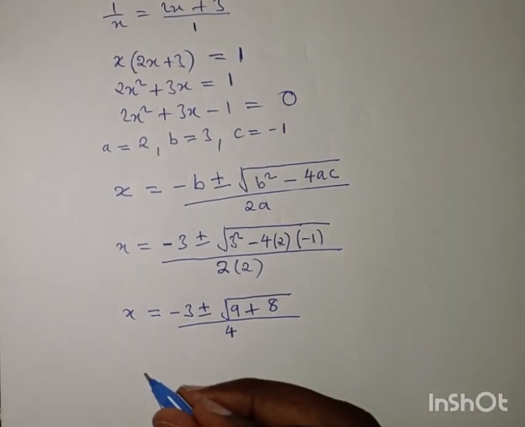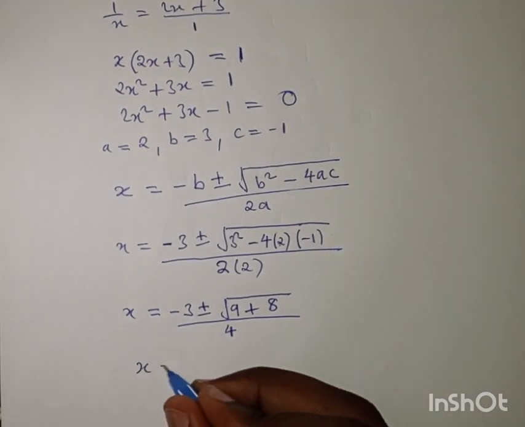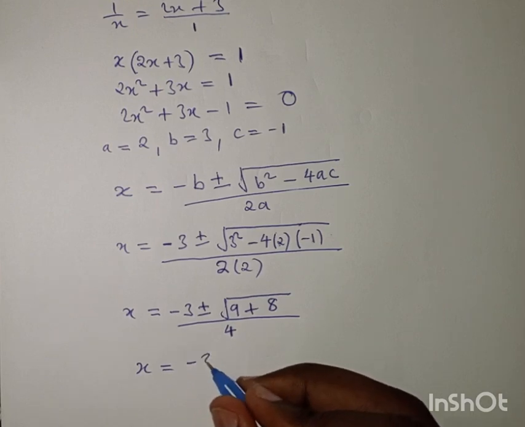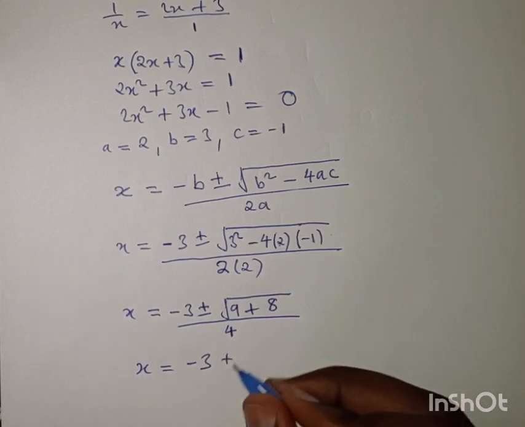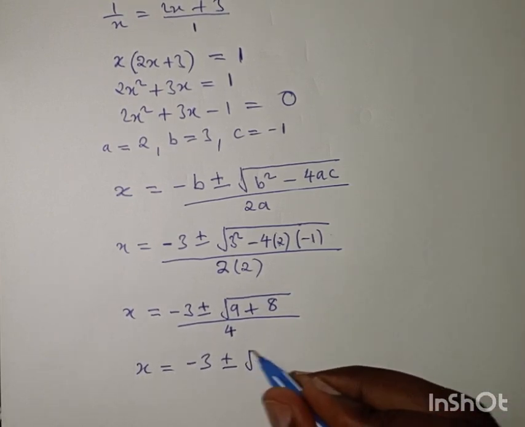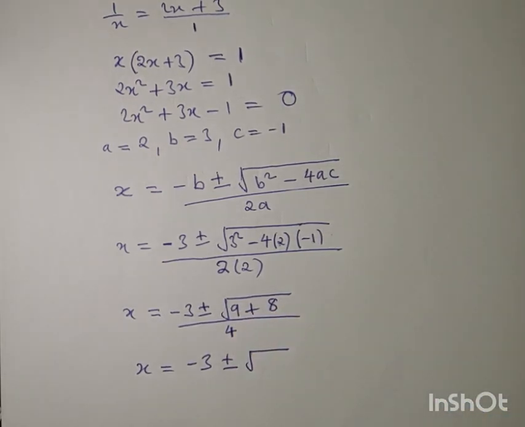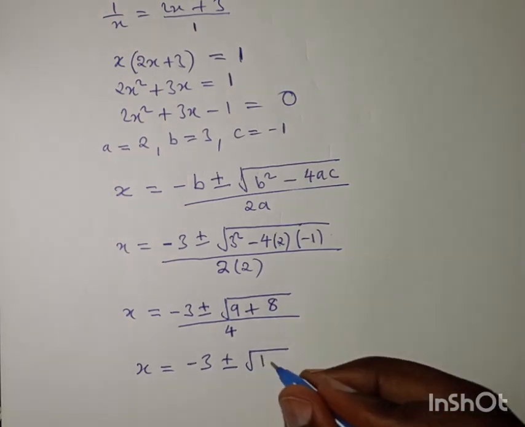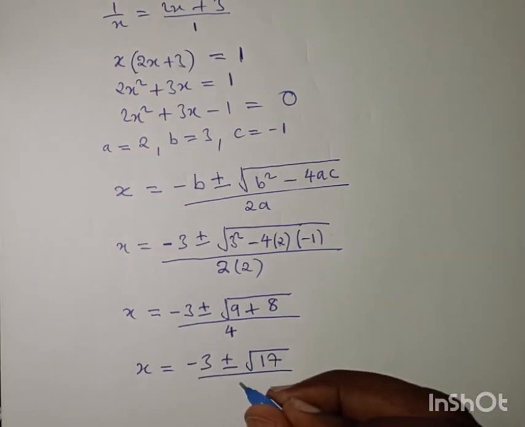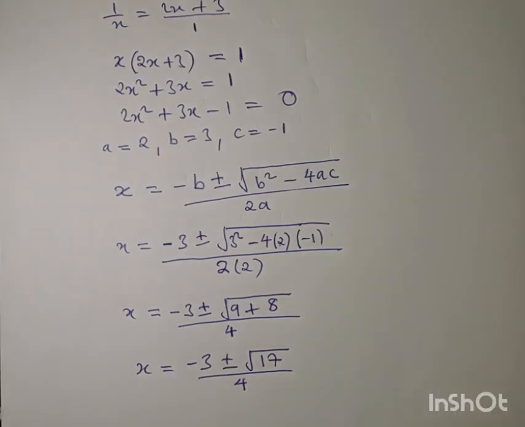So this gives us x is equal to negative 3 plus or minus the square root of 9 plus 8. 9 plus 8 is 17. So 17 over 4.